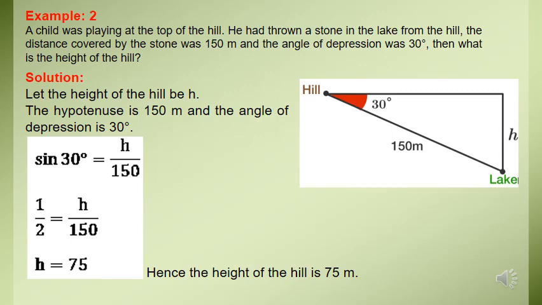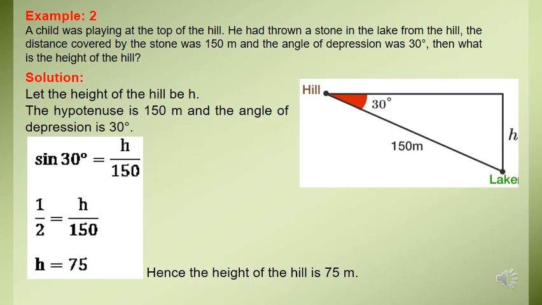Here we use the angle of depression, because the boy is at the top of the hill, and when we look down at the object it forms an angle of depression. Let the height of the hill be h. Therefore the hypotenuse is 150 meters and the angle of depression is 30 degrees.